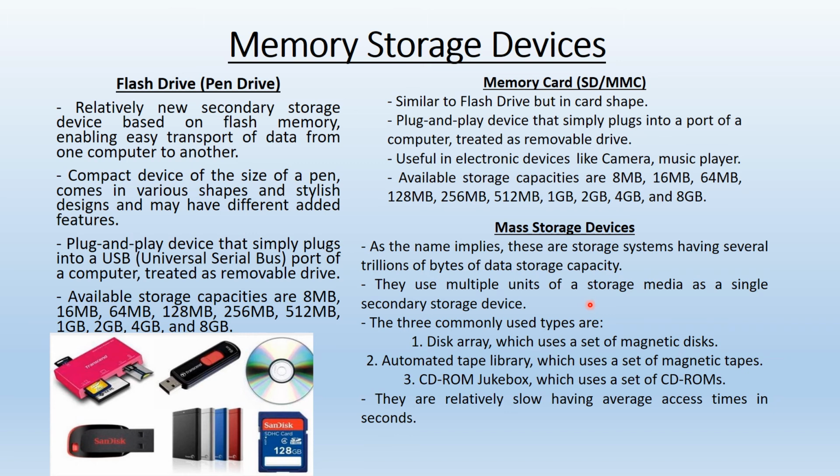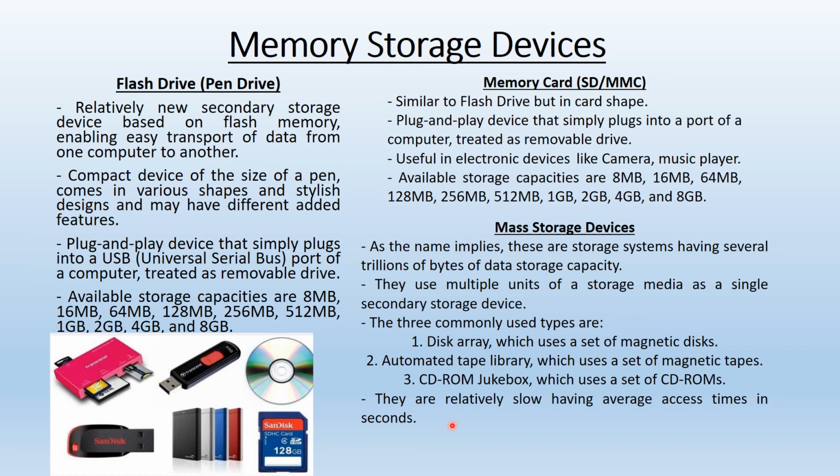There are three commonly used types: the disk array, which uses a set of magnetic disks; the automated tape library, which uses a set of magnetic tapes; and the CD-ROM jukebox, which uses a set of CD-ROMs. They are relatively slow, having average access times in seconds, very slow compared to the ones we just mentioned a few minutes ago.